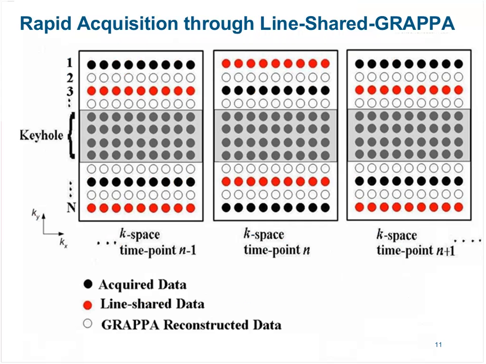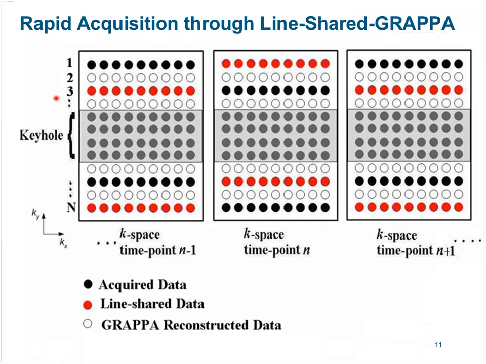And we can combine the line sharing and GRAPPA algorithm. And here the trick is that you acquire the first line and then you miss the two k-space lines, and then you acquire the third one, and so on.